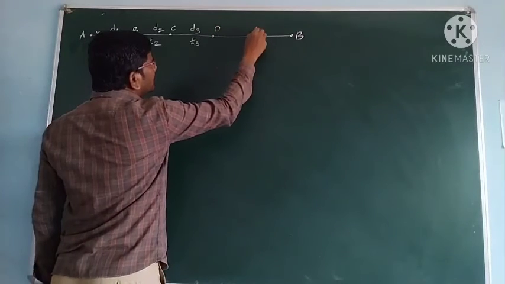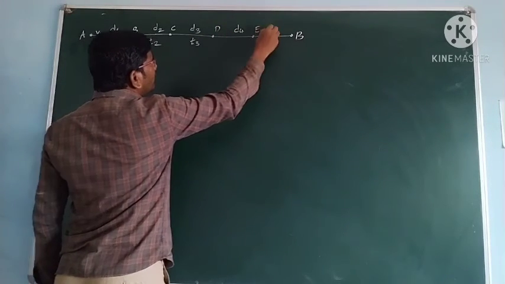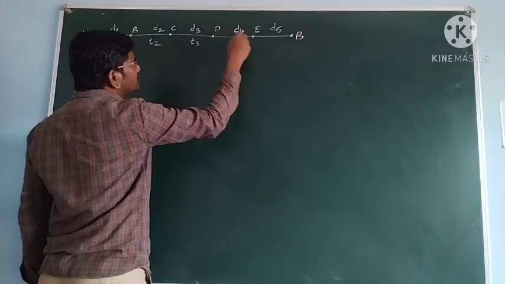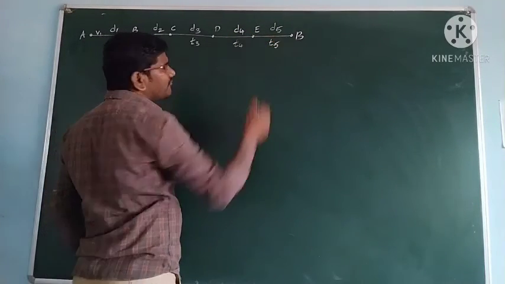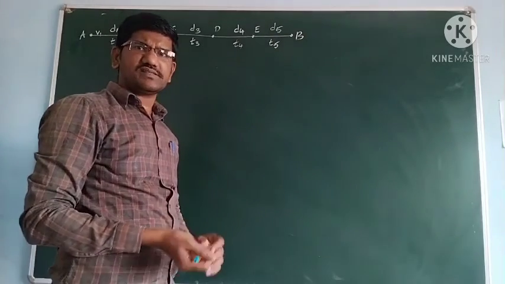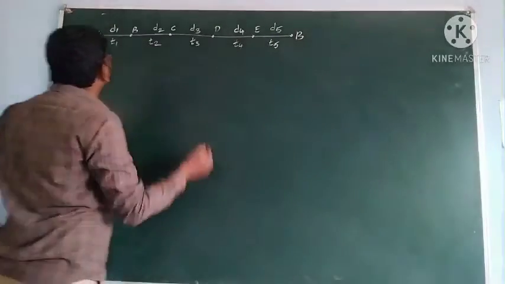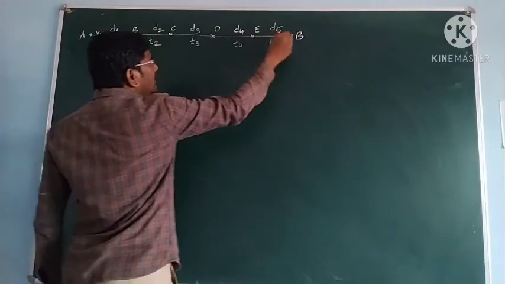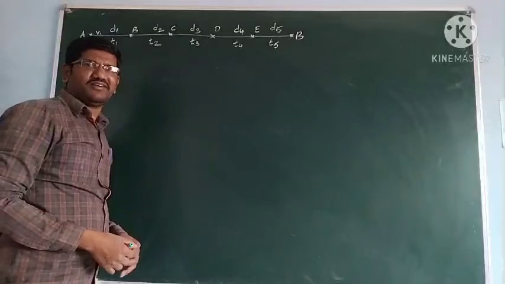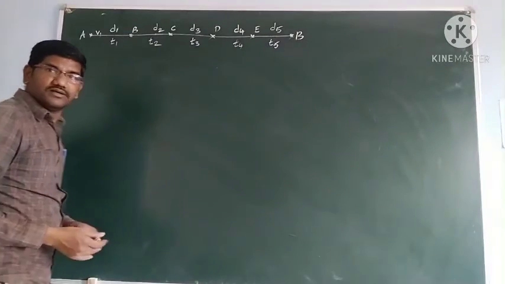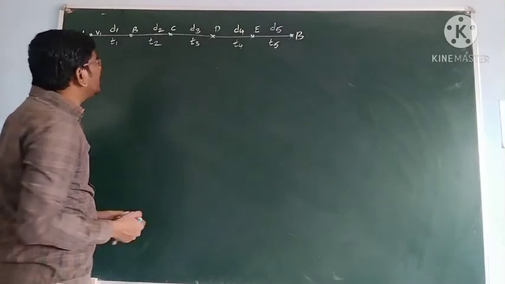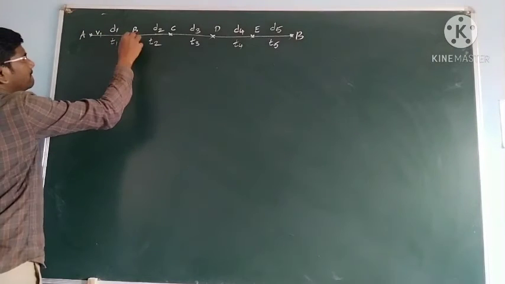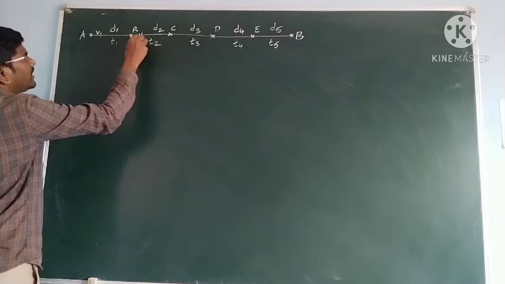Next, you have D4, D5 distances, and the time taken to travel these distances are T4 and T5, to move from D to E and F. A to B it maintained speed V1, and B to C speed V2.